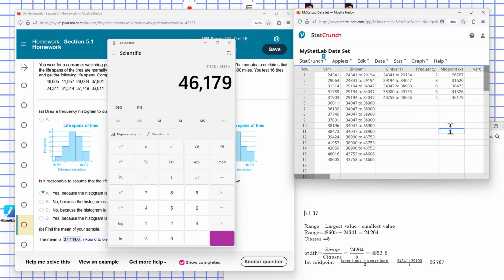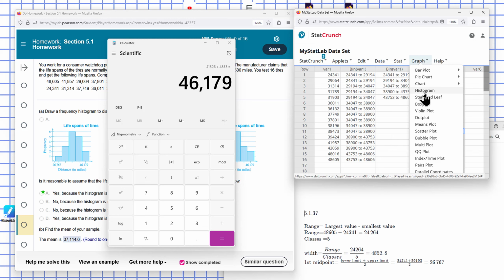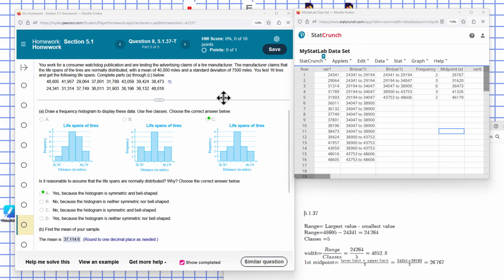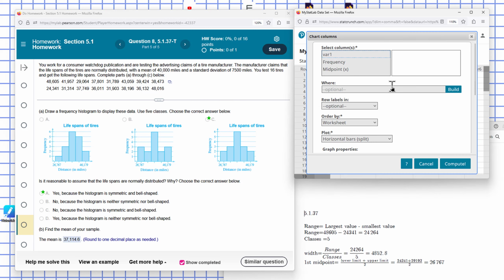Now I can go ahead and attempt to do a histogram. So we can go to graph, chart, columns.